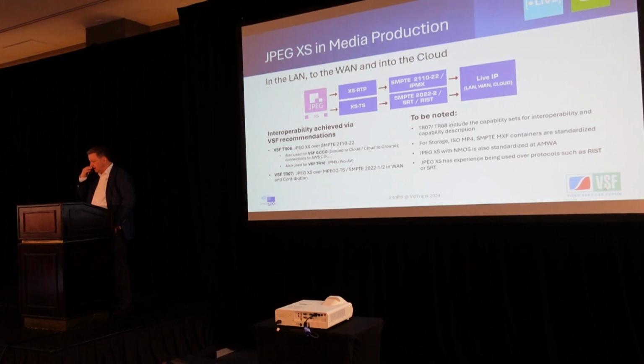To be noted, you get all the capabilities and configurations from TR-07 and TR-08, but in storage applications, you can use JPEG XS and put it in MP4 or MXF formats. And JPEG XS has obviously been starting to get used and gain some experience in protocols with RIST and SRT as well.